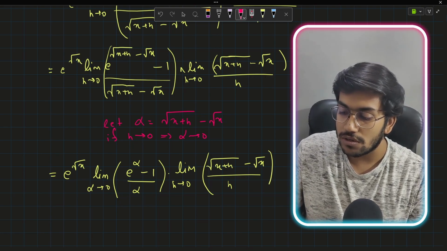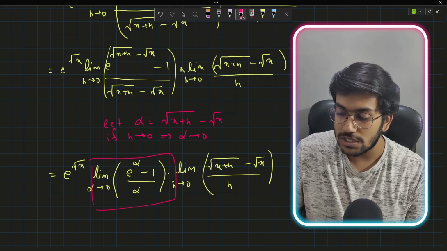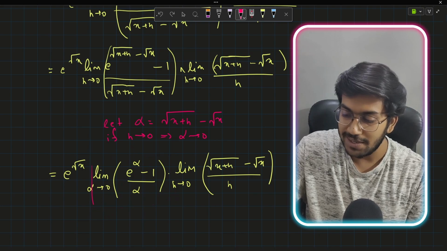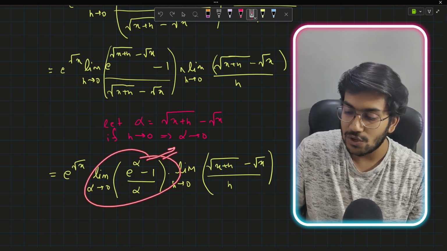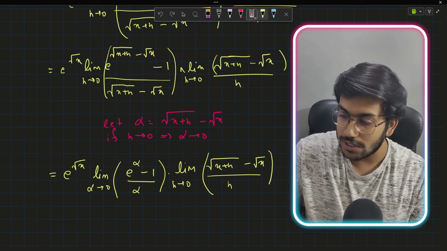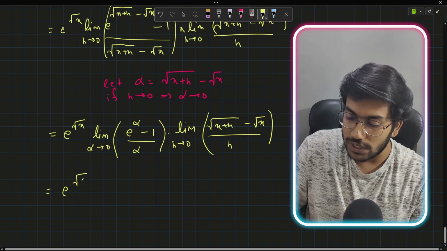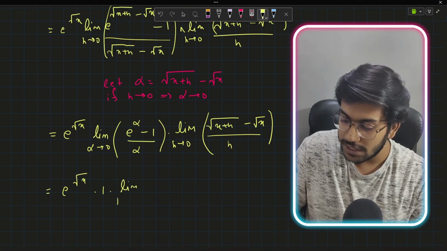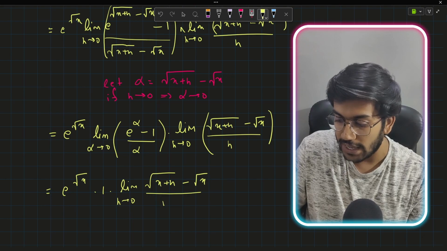Now if you have done your limit course properly, you know this limit goes to 1. So this limit goes to 1. So now this becomes e to the power root x times 1 times limit h tends to 0 of root x plus h minus root of x over h.